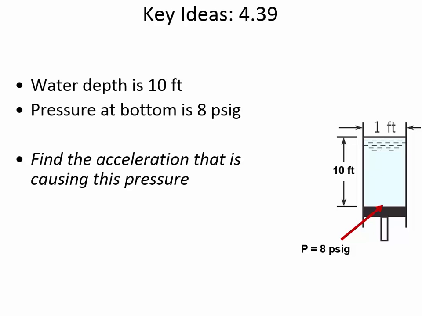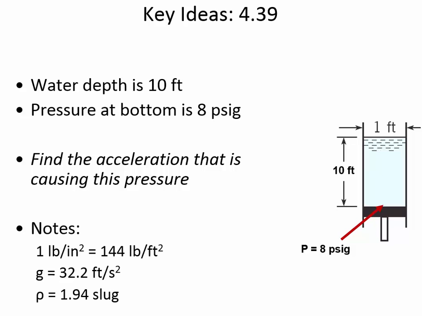The water depth is 10 feet. The pressure at the bottom is 8 psi-g, which we can convert to psf easily enough. And what the question is asking is, what's the acceleration that causes this situation? For a certain depth and a certain pressure that they've measured, from that we should be able to back calculate the acceleration that's causing the pressurization at the bottom of the cylinder.